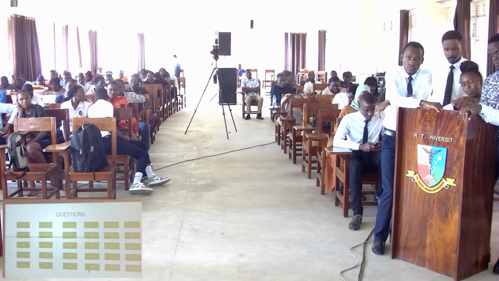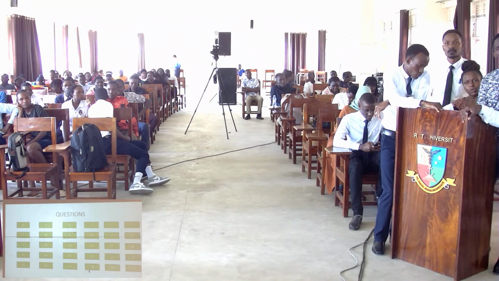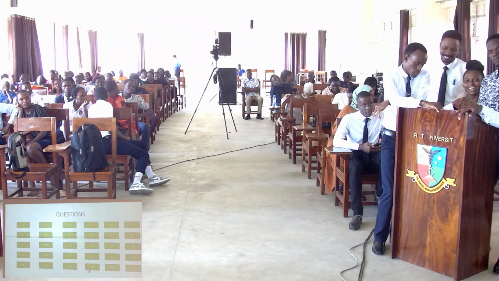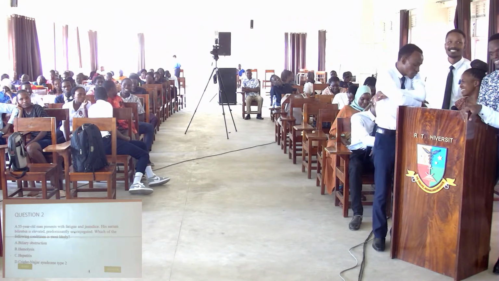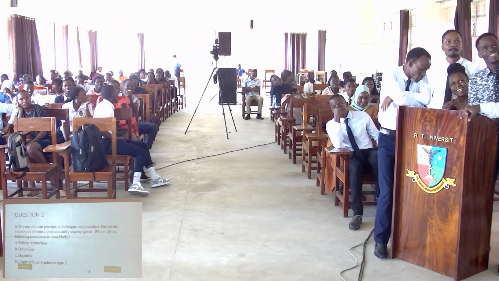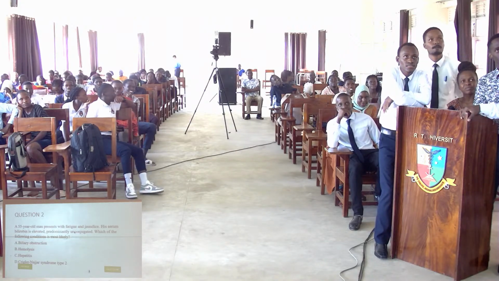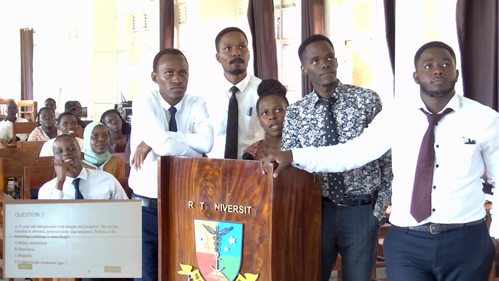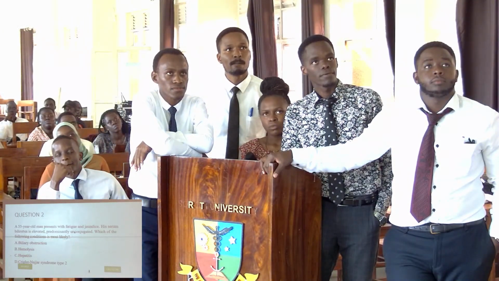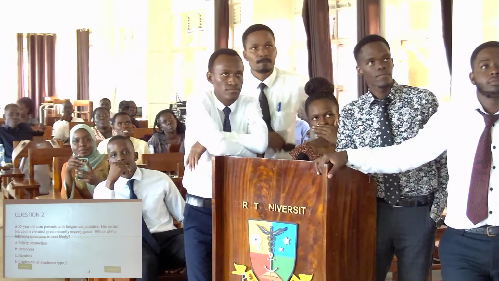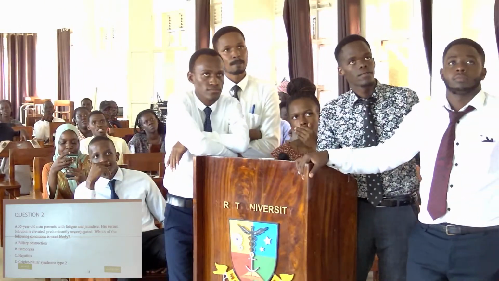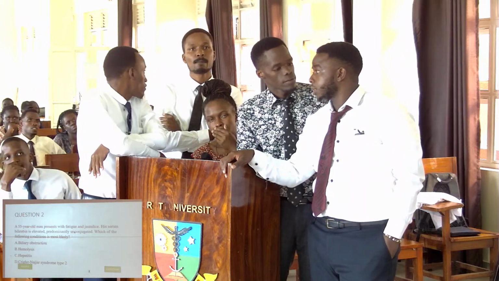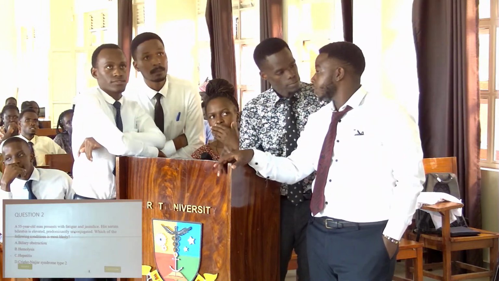First question, number 2. A 55-year-old man presents with fatigue and jaundice. His serum bilirubin is elevated, predominantly unconjugated. Which of the following conditions is most likely? A. Biliary obstruction. B. Hemolysis.